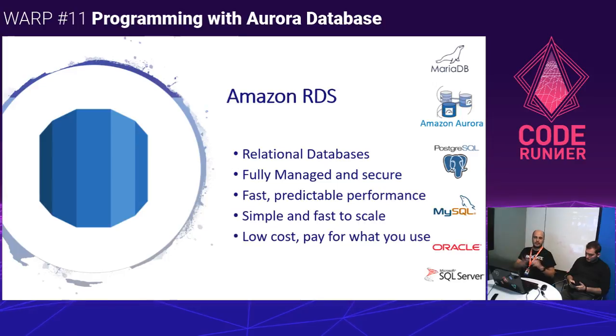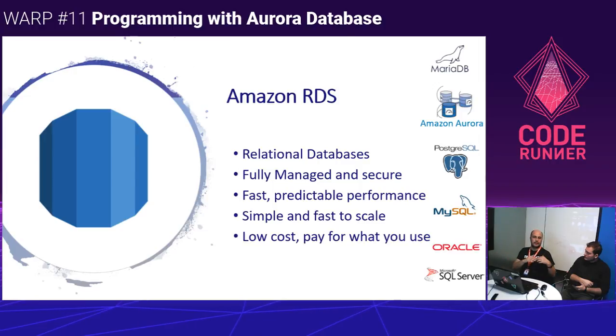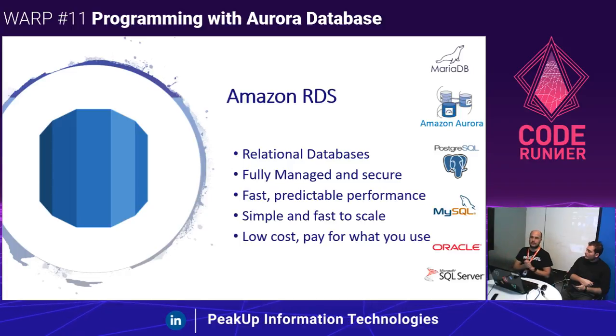So we have 6 relational database systems, and whichever one you need in your application, you can use Amazon RDS first, and then choose which one to use specifically.